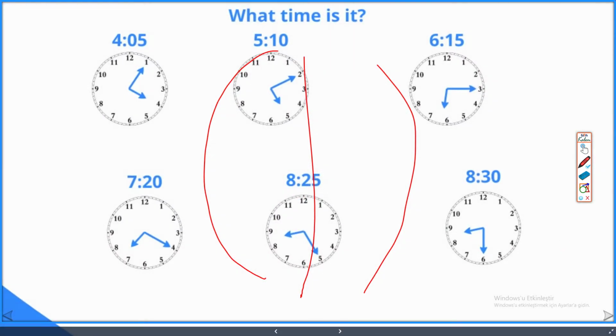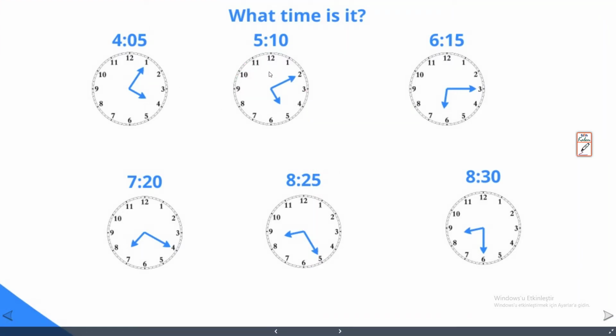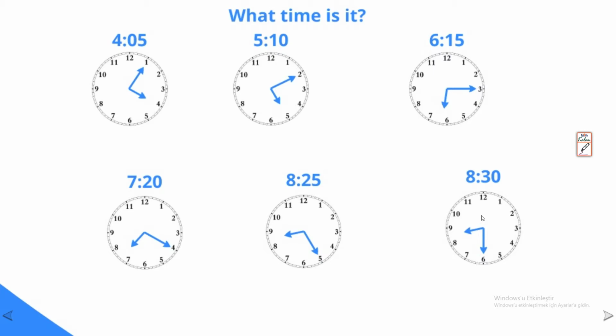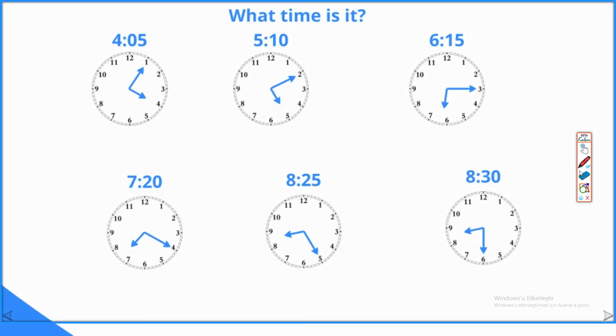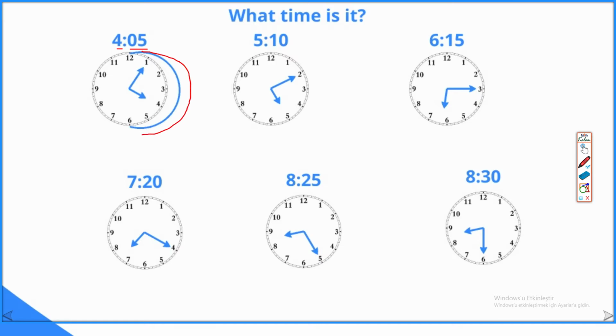Okay, and we have examples in here. We have 1, 2, 3, 4, 5, 6 times, and the first one, yes, we have 4 and 5. It is on the side of past.